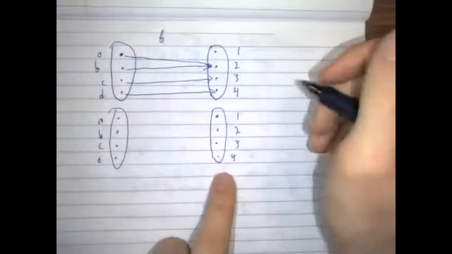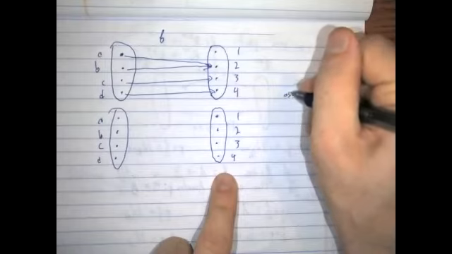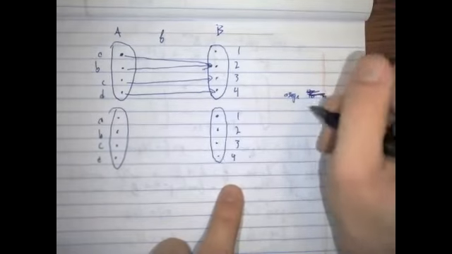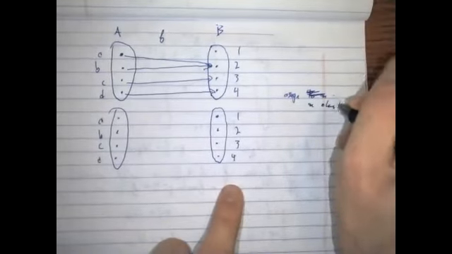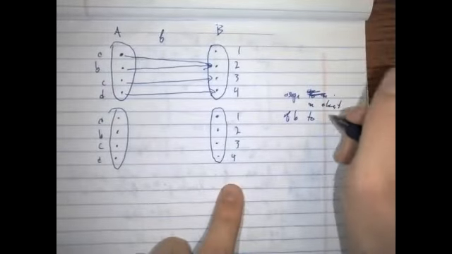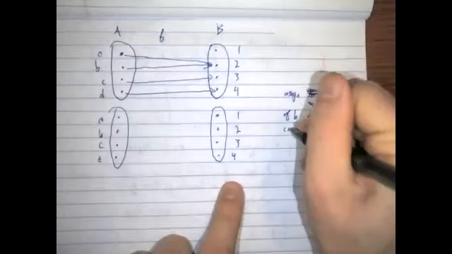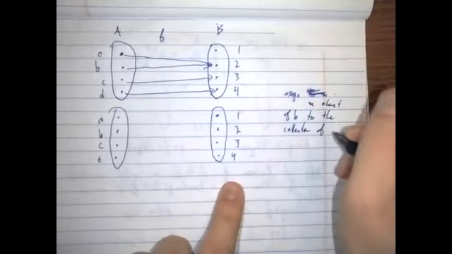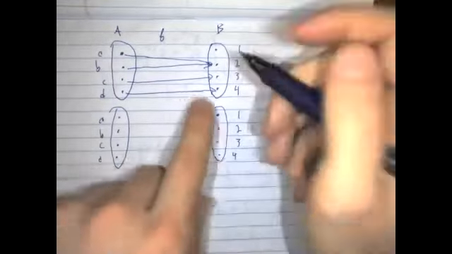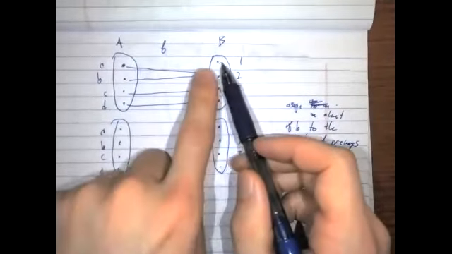The point is, if I try to assign to an element, so this is set A and this is set B. If I try to assign an element of B to the collection of preimages, it won't work. So 1 has no preimages.